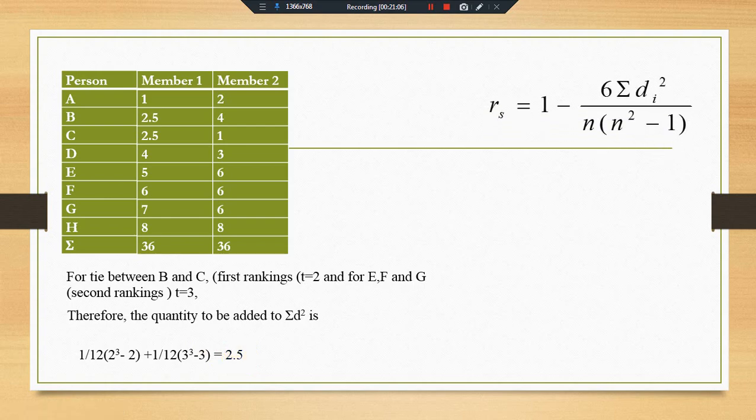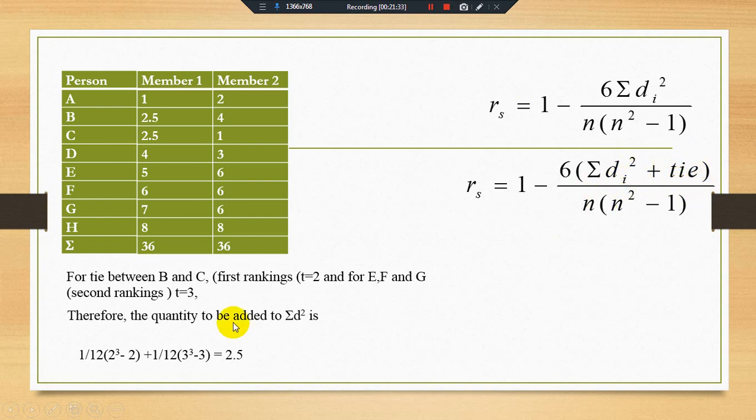So the rank correlation coefficient formula is equal to 1 minus 6 summation di square divided by n(n square minus 1). When you have a tie or some same observation in the data, then the rank correlation formula becomes 1 minus 6 into summation di square plus ties. So this is the tie answer 2.5. So you have to add 2.5 in summation D square.